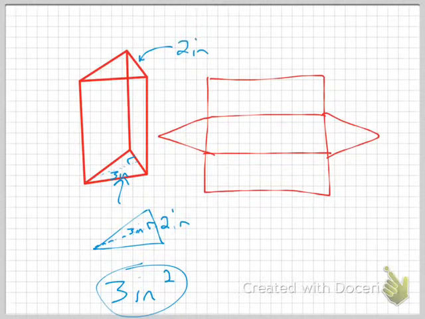We know that this thing right here is how long? 2. Okay, so what if I told you that this guy here was 10 inches, then could you tell me what that guy in the back was? 20, right? 20 inches squared in the back, right?